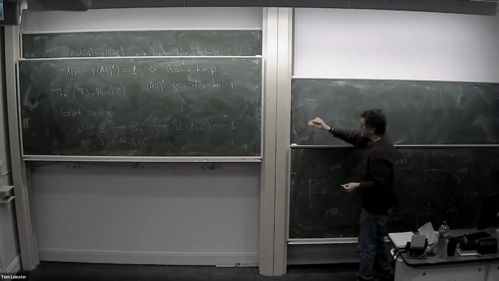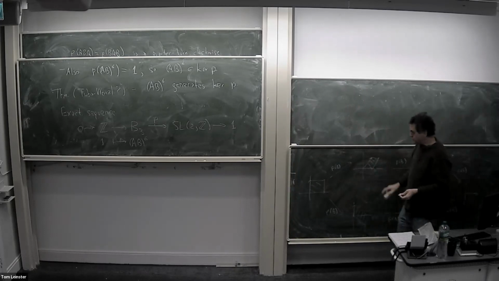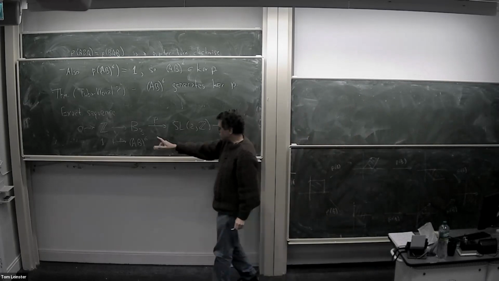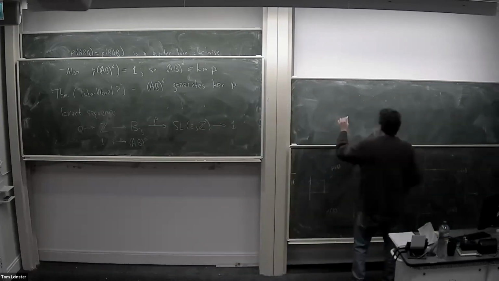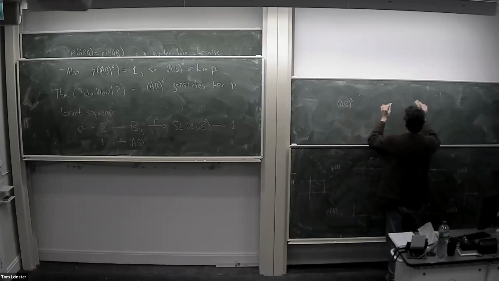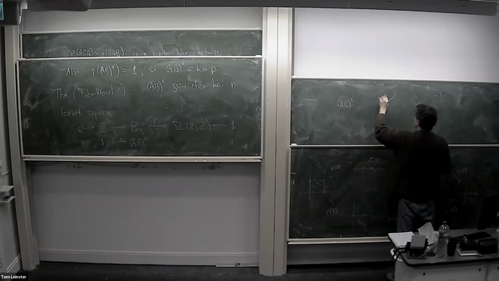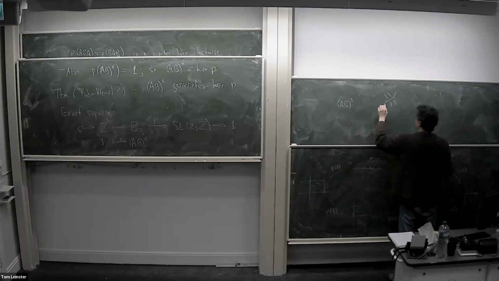The other interesting thing about all this is that these special elements, AB cubed, which generates the center of B3, and AB to the sixth, which generates the kernel here, are very appealing characters in the following sense. So AB cubed, you can think of it as ABA, ABA again, because ABA is equal to BAB.